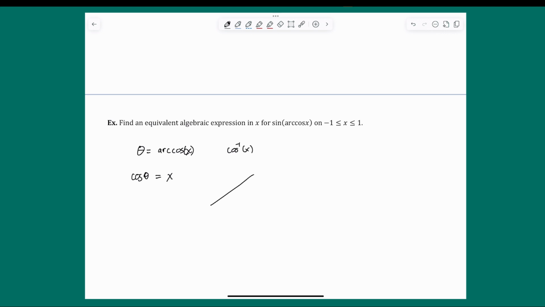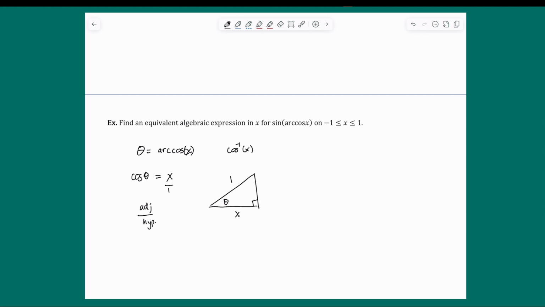And we're going to use a right triangle here to kind of help us figure this out. And so suppose we have a right triangle with an angle theta as one of its acute angles. And so cosine of this angle can be thought of as x over 1. And we know cosine is adjacent over hypotenuse, which tells us that we have x over 1.